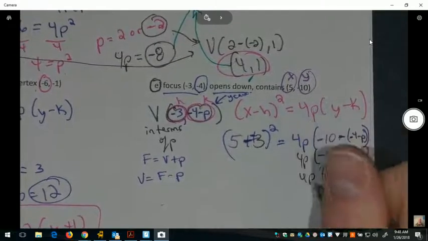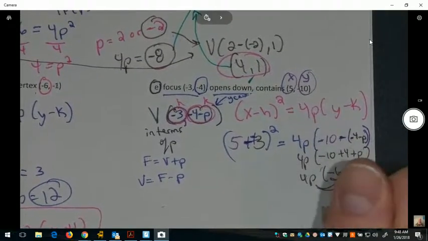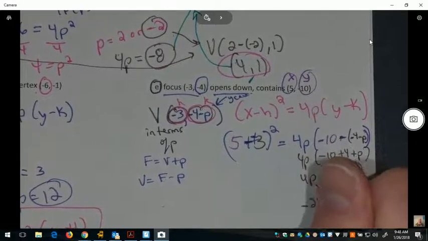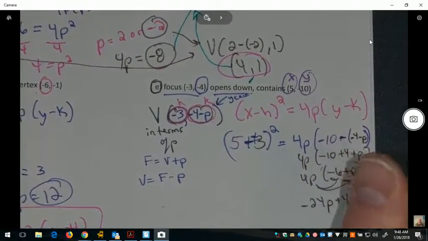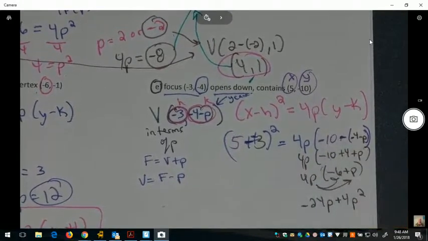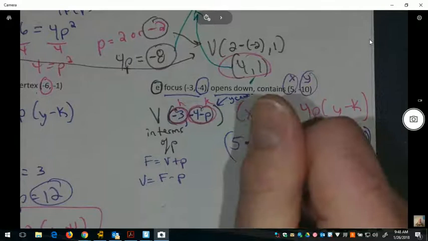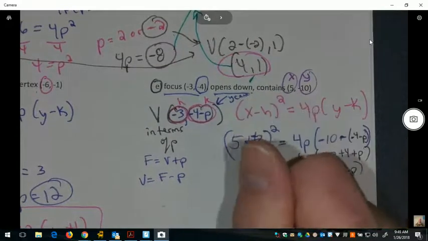And when I distribute the 4p, I get -24p plus 4p squared. On the left-hand side, I have 5 plus 3, which is 8, and 8 squared is 64.